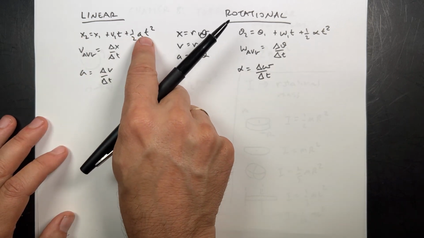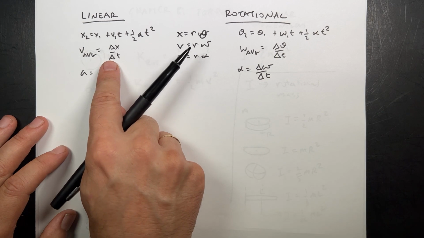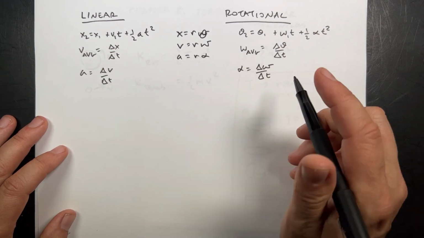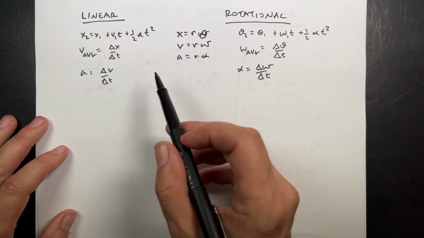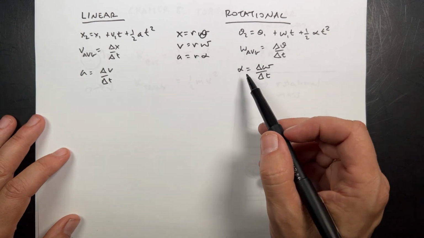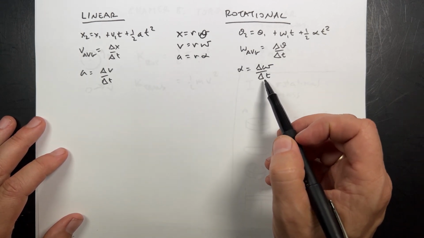We have the linear kinematic equations. We have rotational kinematic equations. We have the definition of average velocity, change in x with respect to time. Definition of average angular velocity, change in theta with respect to time. Definition of the linear acceleration, change in velocity with respect to time. Definition of angular acceleration, alpha, change in omega with respect to time.